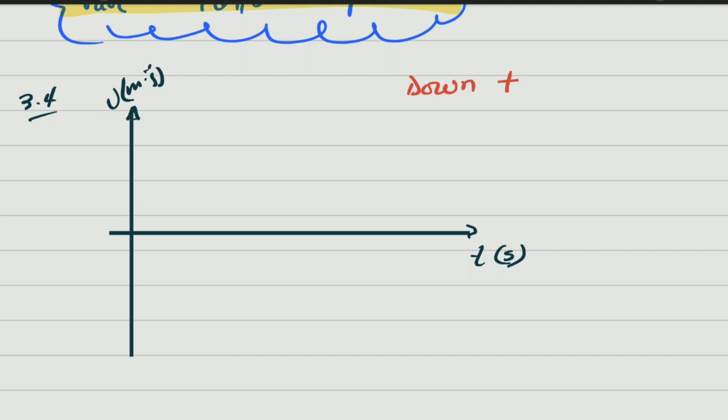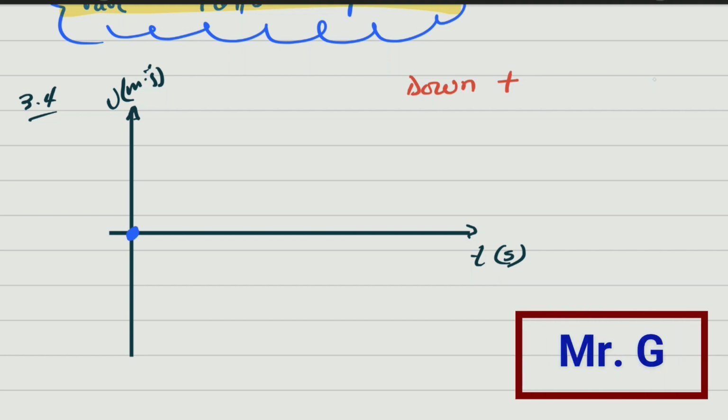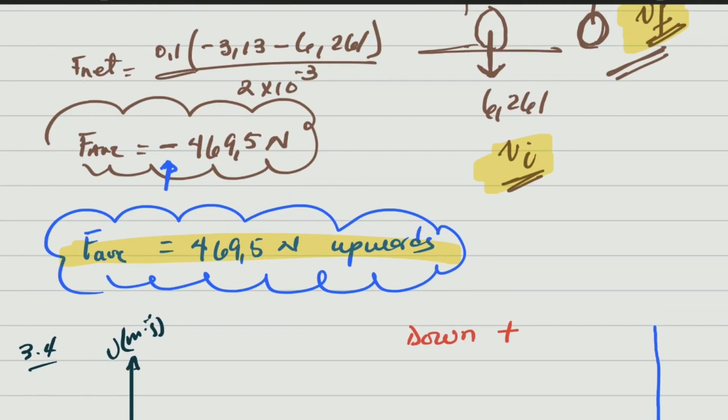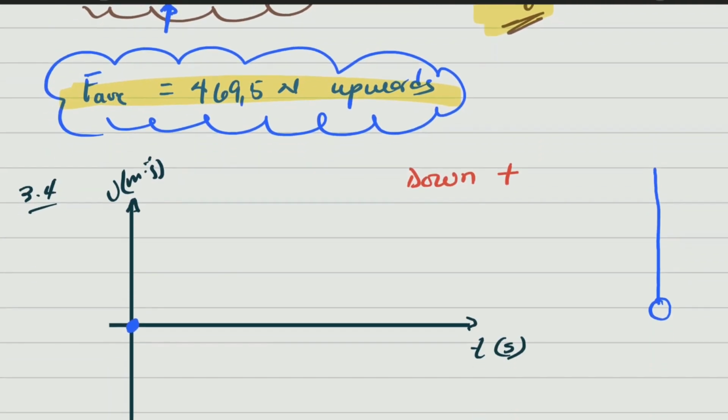So now, important, the initial velocity of the object when it started moving was 0. So starting from 0, the object moved all the way to the ground, as I'm going to show here, all the way to the ground, and reaches the ground with a velocity which is going to be 6.261.